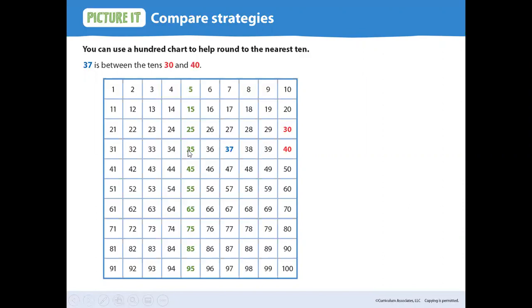We see that 35 is important because the fives place is the halfway marker between tens. 35 is important because it is the halfway number between 30 and 40. Knowing on which side of 35 the number 37 falls will tell you which 10 37 is closer to.